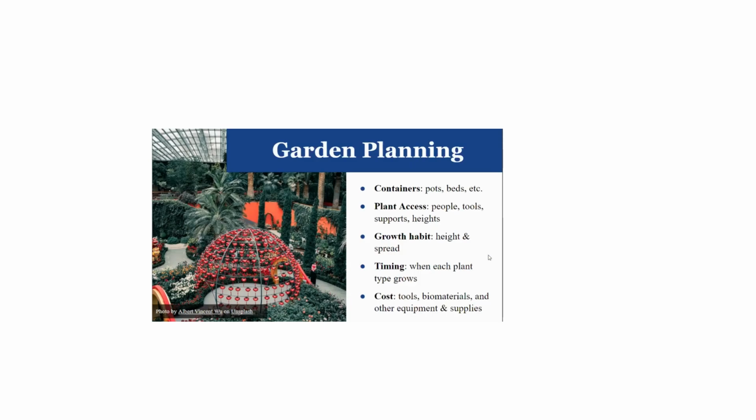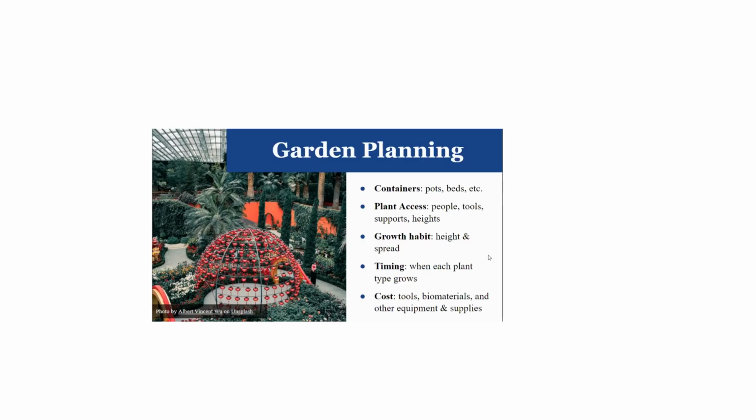And then lastly, although there are so many other things you can look at and get more granular, is cost. So if you want to grow something that has a lot of nutrient needs, or you have to do transplants because it's really hard to grow that plant by seed, then you need to consider having to pay for those things, to buy those things. And if you have a small budget, maybe you don't want to grow those things, or in the spirit of mutual aid, you want to share those things.